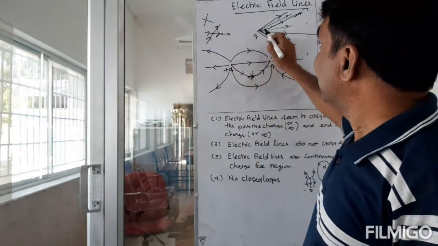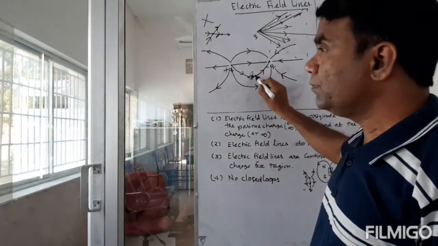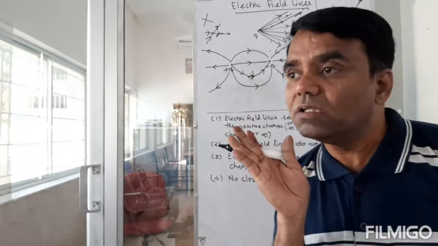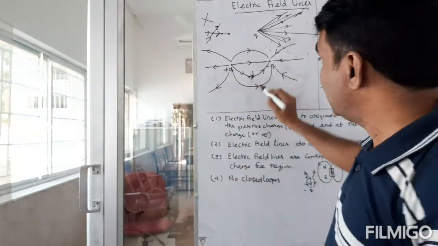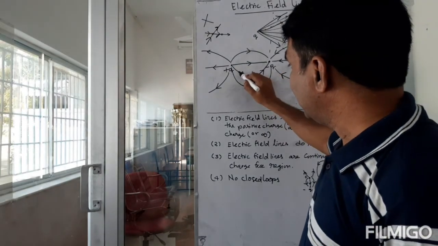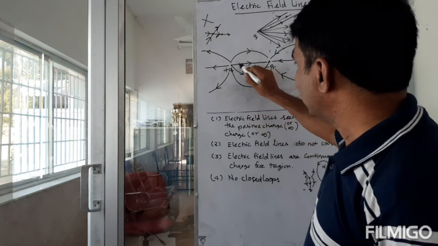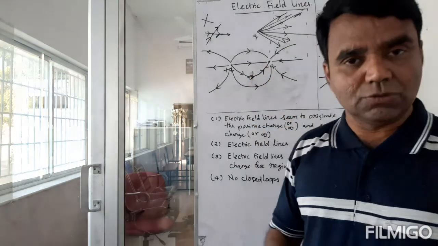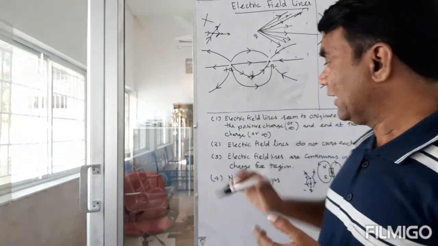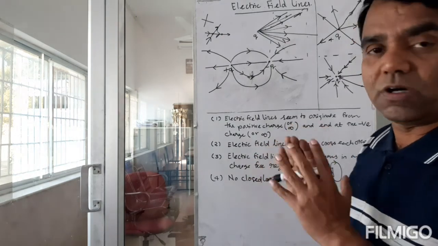And at any point on an electric field line, the tangent drawn to that line gives you the direction in which a unit positive charge will deflect. If I keep a unit positive charge here, it will deflect along this tangent. If I keep it here, it will deflect along this tangent. And if I keep it here, it will go along this. So that is what the electric field lines represent. And there are 4 characteristics which we have discussed already. Hope this part is clear to you.